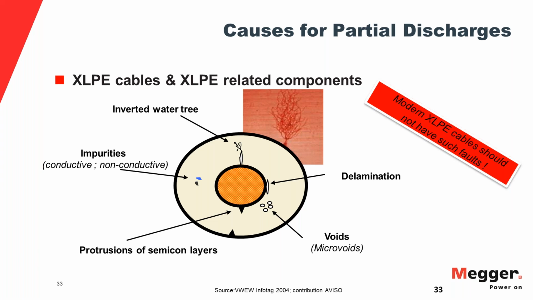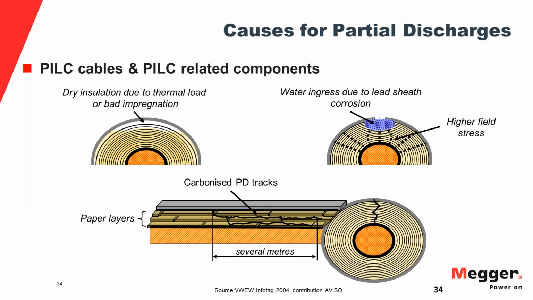It's more of a question of terminations and splices, where you have the layered interfaces. And just really quick, in PILC, you have the paper layers, which are there for mechanical stability, and the oil is really the insulation medium, or the mass, when you say paper mass cables. So you can have these carbonized tracks along the paper.